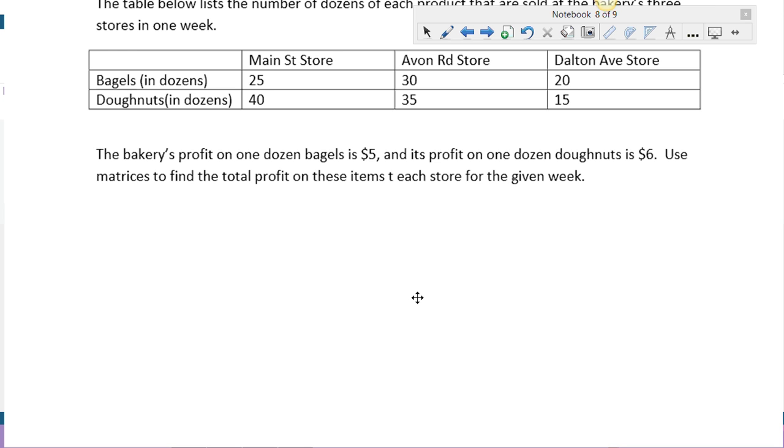So the first thing we need to do is come up with a sales matrix. We'll call it sales. So what are we actually selling? And just like we've done before, you're just taking that data and putting it into a matrix.